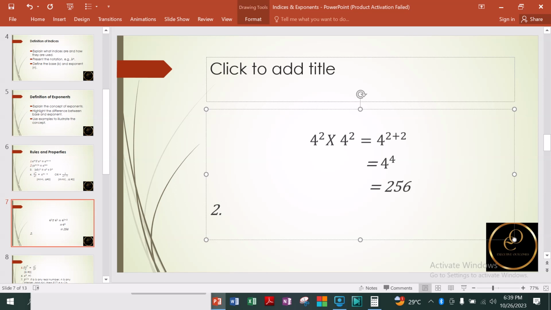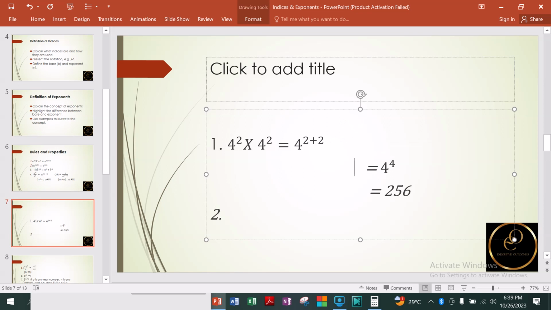If this one was rule number 1, what is rule number 2? Okay, that's what we want to work with now.